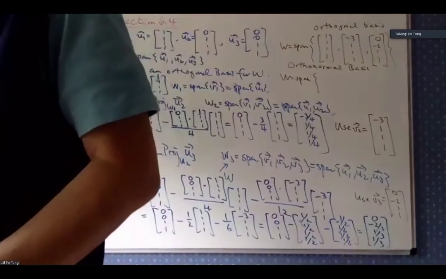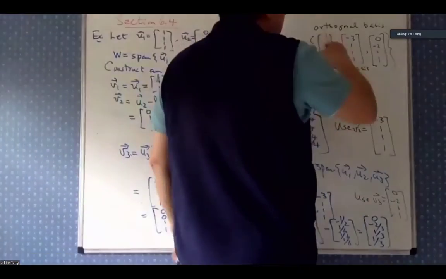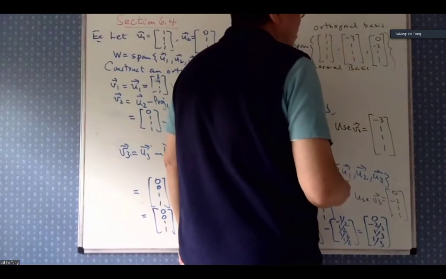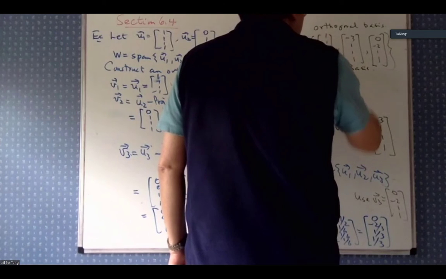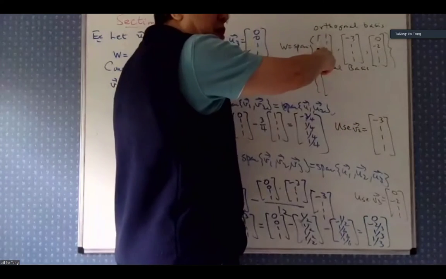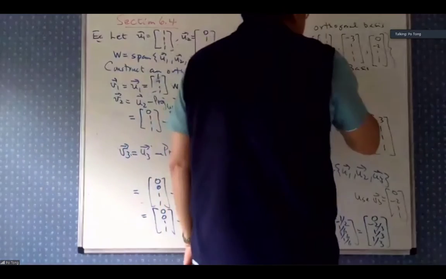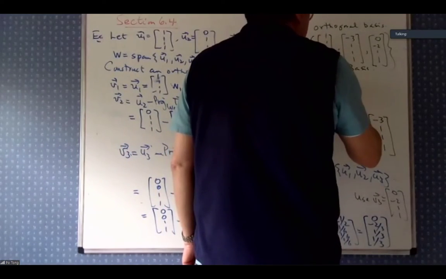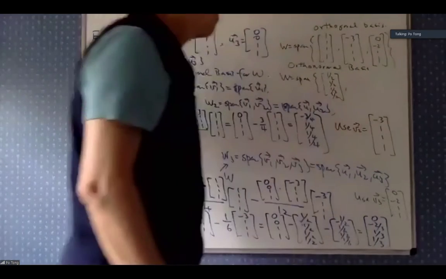Unit vectors. So this guy needs to be divided by the norm of this, the magnitude of that vector, which is 2. Now this guy has length 1.